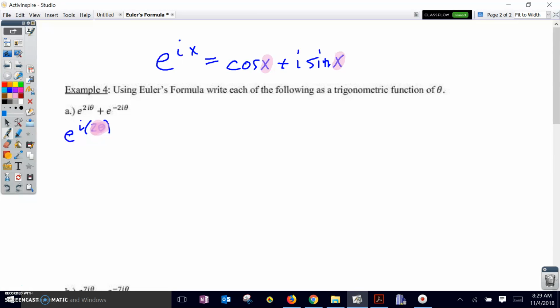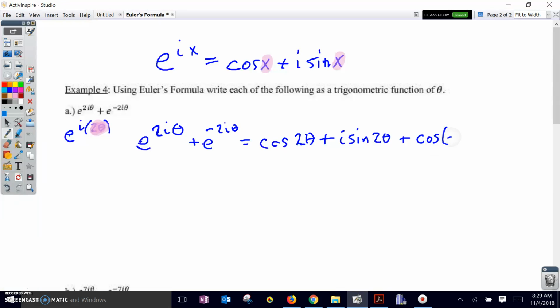And so, to write e to the 2i theta plus e to the negative 2i theta, we're going to have cosine of 2 theta plus i sine of 2 theta, and that's equal to e to the 2i theta, and we're going to add to that cosine of negative 2 theta plus i sine of negative 2 theta.